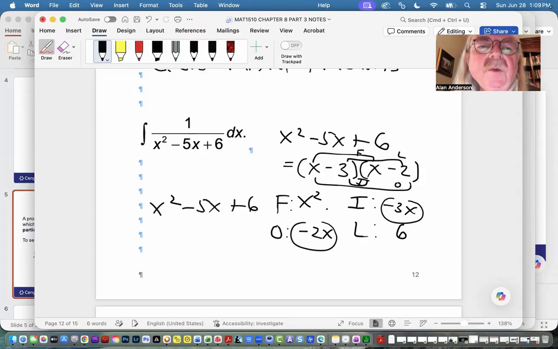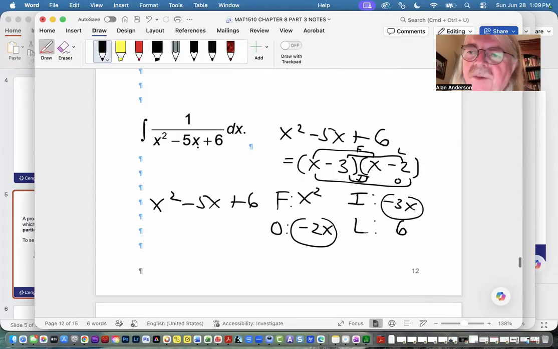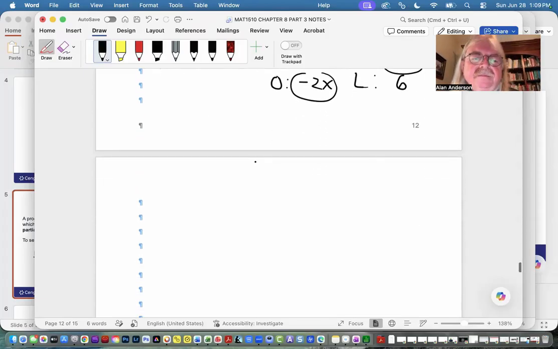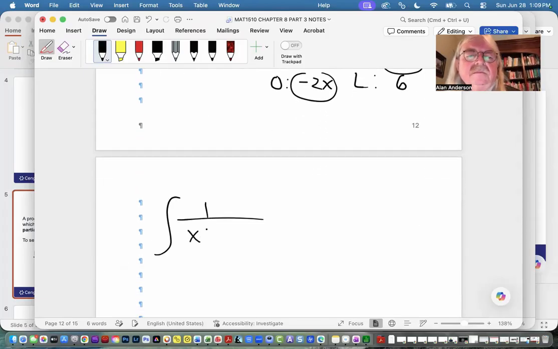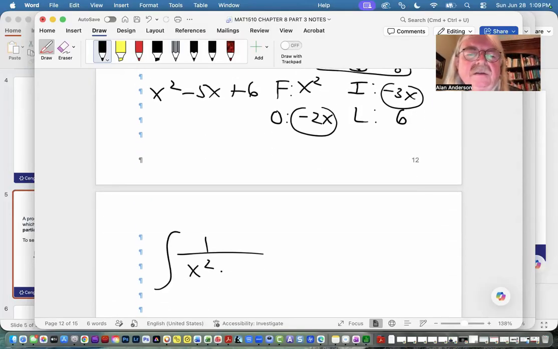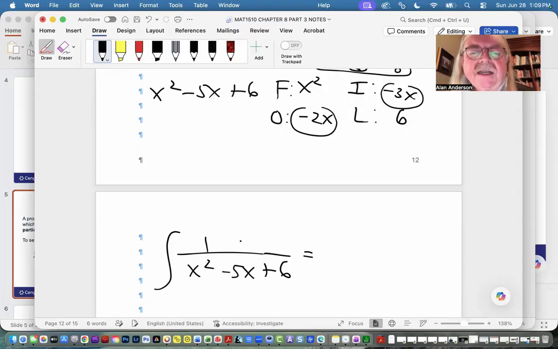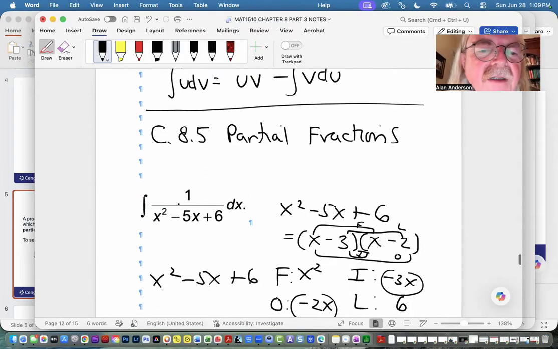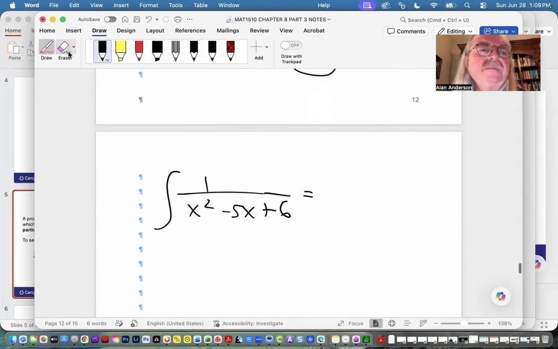Okay, so what we're going to do is break this up into its two factors. So again, x squared minus 5x plus 6 is the same dx. Let's not forget the dx.